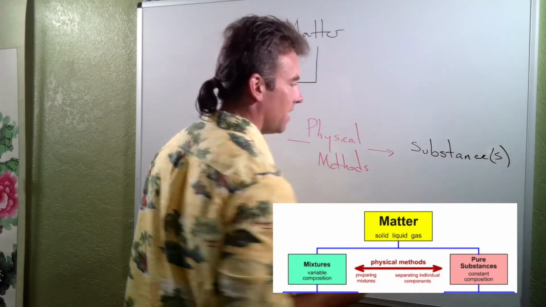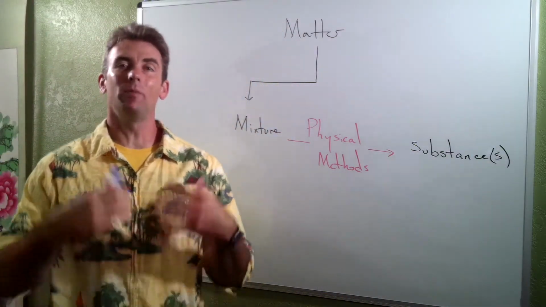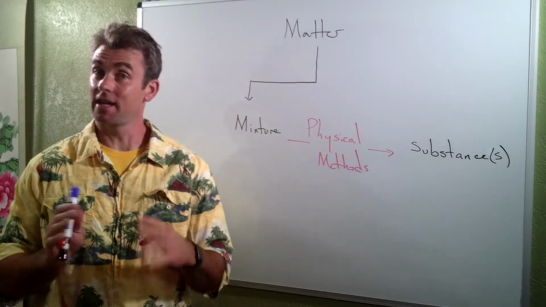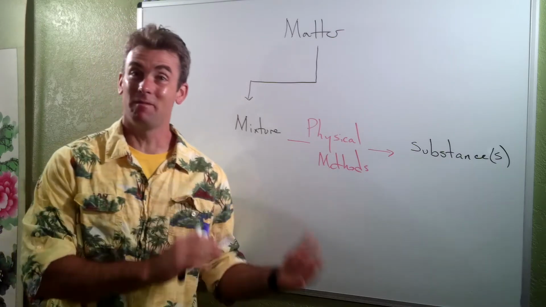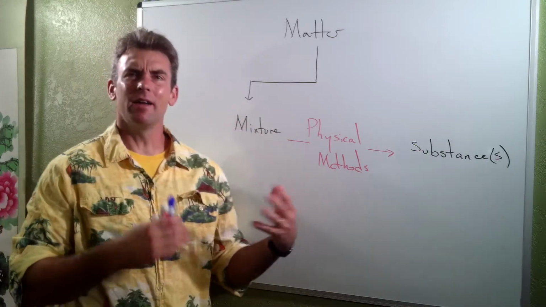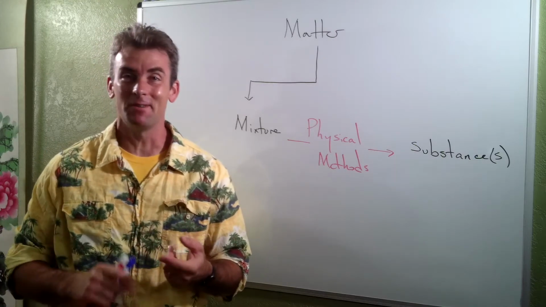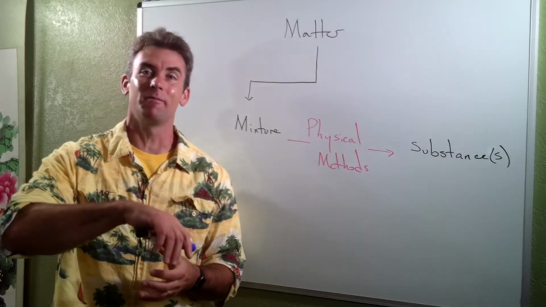So this lab is going to employ a whole bunch of different physical methods, right? Keep in mind that there's a difference between physical methods and chemical methods. Physical methods are the more simple methods, things like decanting, which is a fancy way of saying pouring one thing away from another thing.